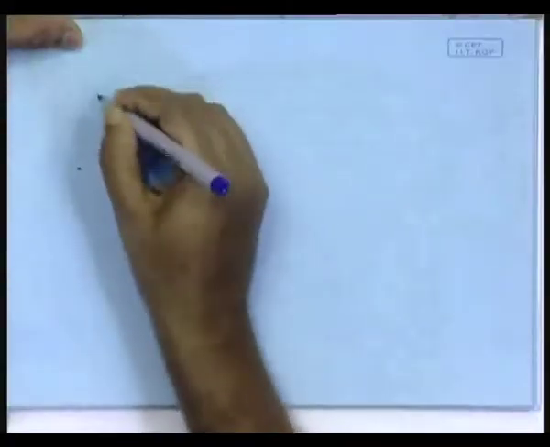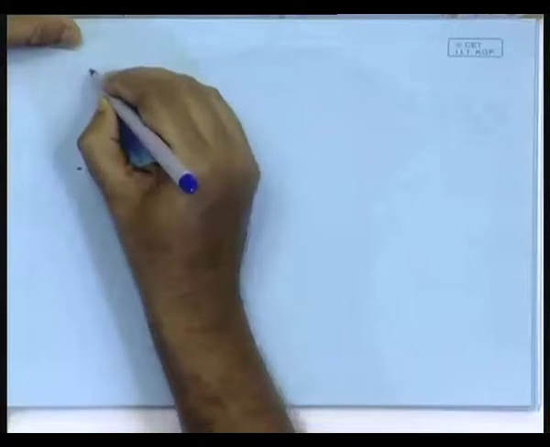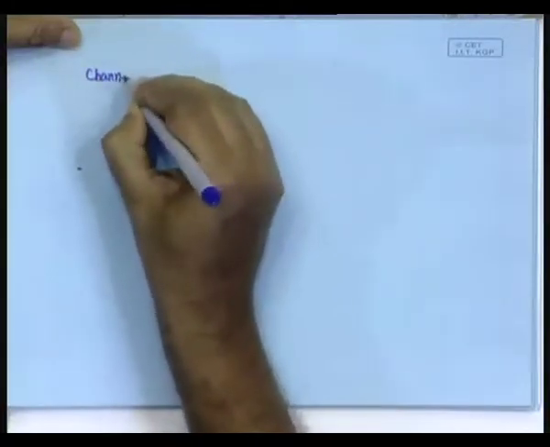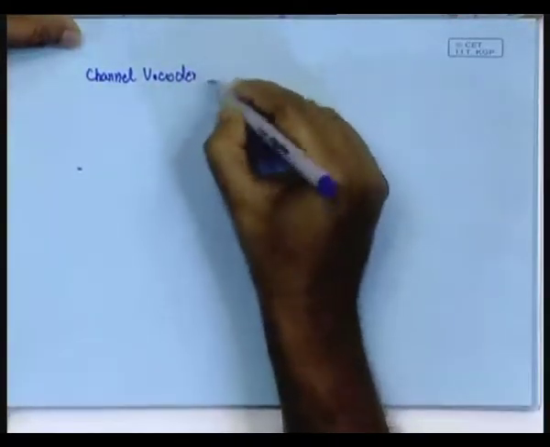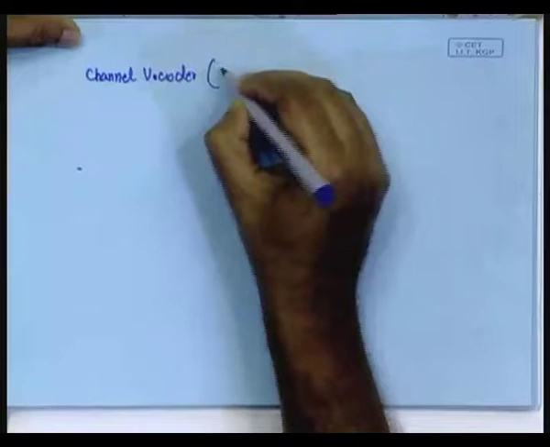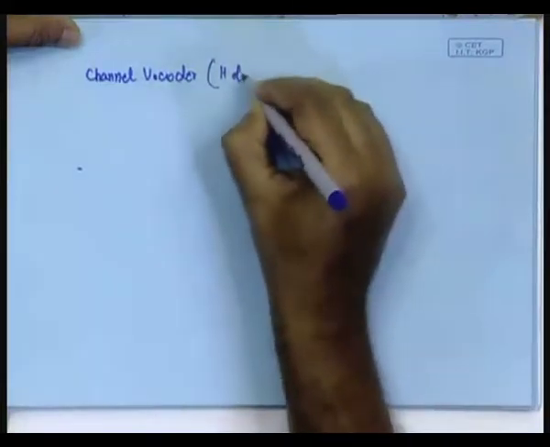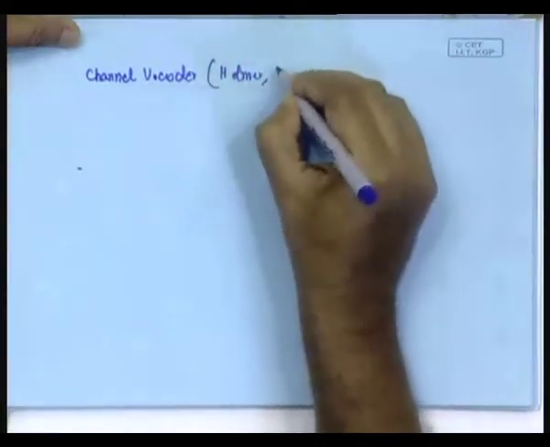When we would like to have speech synthesis, what we need is a speech analysis and synthesis system, which would look something like this. The one that I am going to describe is called the channel vocoder, and this was developed by Homer in 1980.